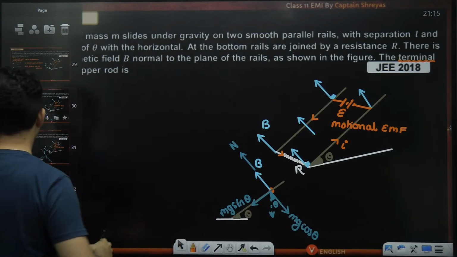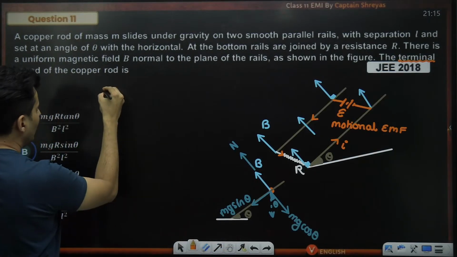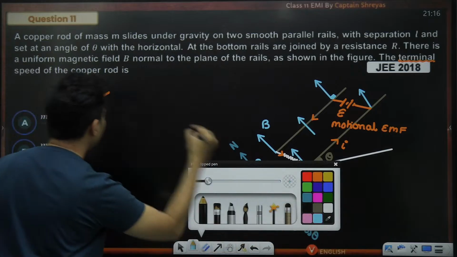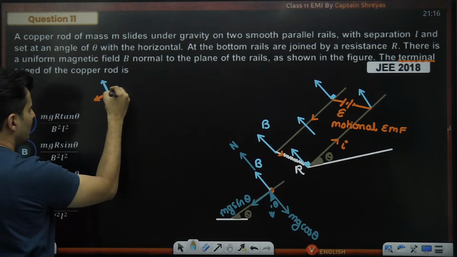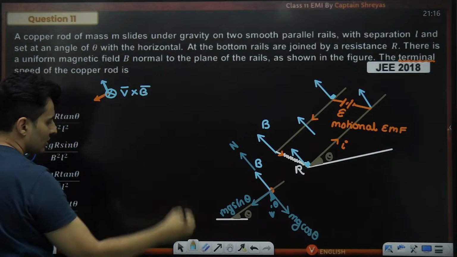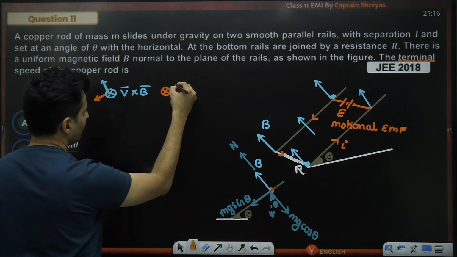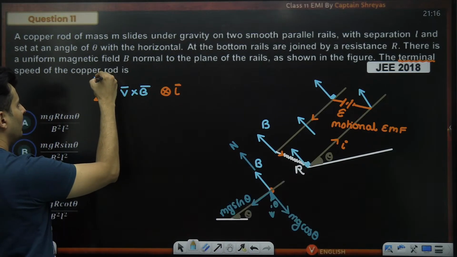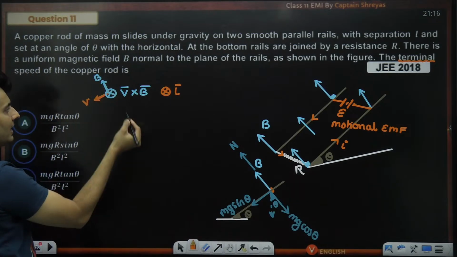So my velocity is over here, magnetic field is like this, so V cross B goes inside, which is also the direction of the length vector. The angle between the magnetic field and velocity is 90 degrees.